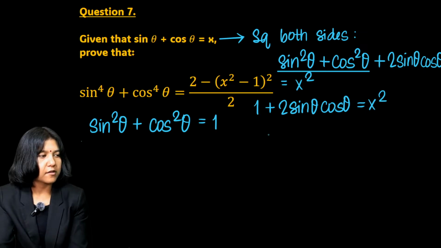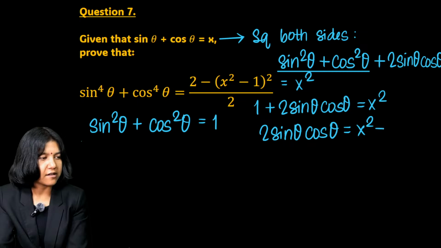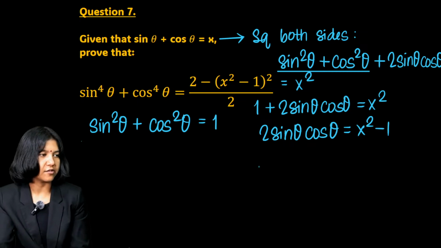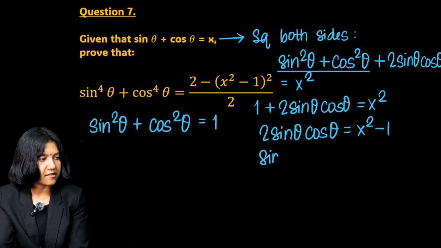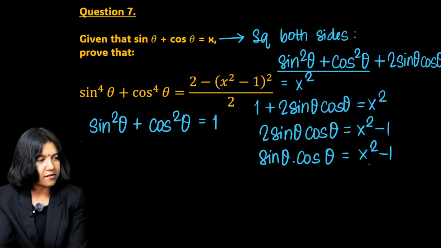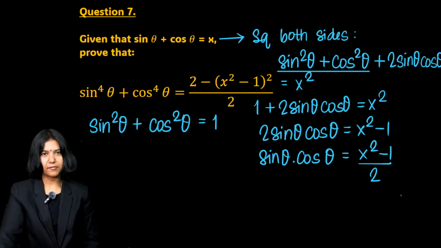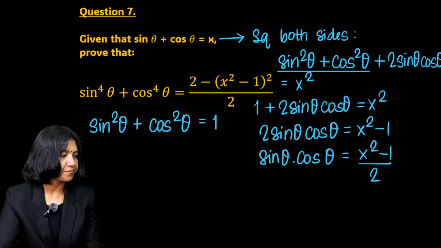Now 2 sin theta cos theta can be figured out. How much will that be? It gives me x square minus 1, I bring that 1 to the other side. Now from here I can say that sin theta times cos theta is equivalent to x square minus 1 upon 2. I hope that made sense.